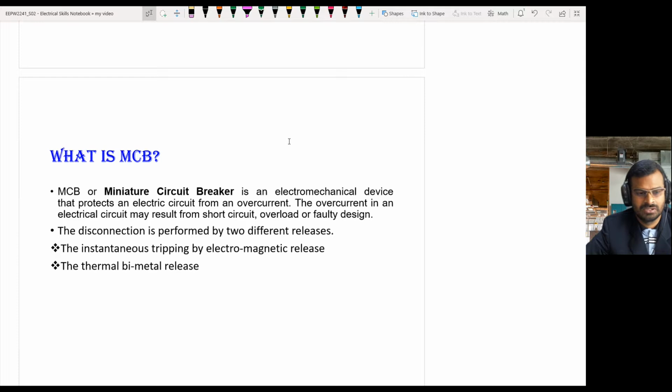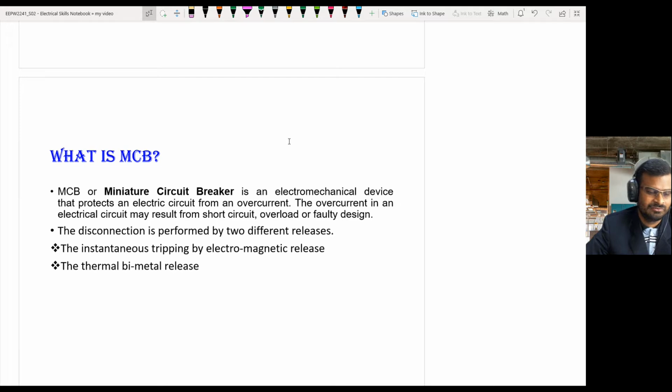On the other hand, there is a thermal bimetal release, which is used in case of an overload fault. Here there is a bimetallic strip also connected in series with the trip coil. In case of overload, as I told you earlier, the current won't be very high compared to the rated current, but it is excessive.